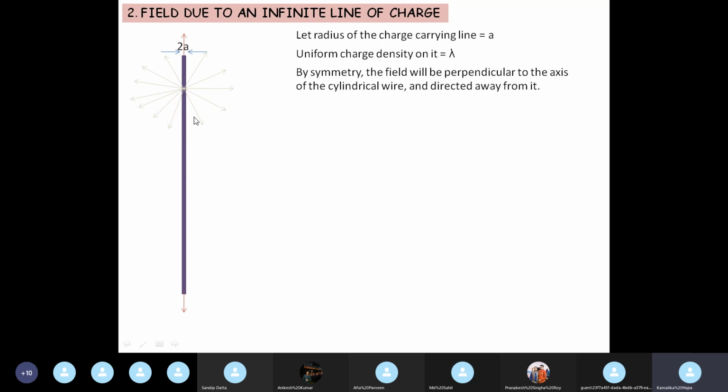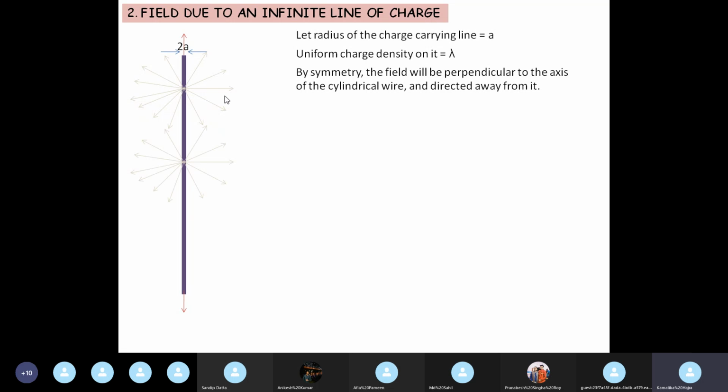So you have to imagine the 3D picture, a cylinder, and from its axis, the electric field lines are moving out in all directions on a circular plane. I hope you can understand. This is just one point from which they are coming out.